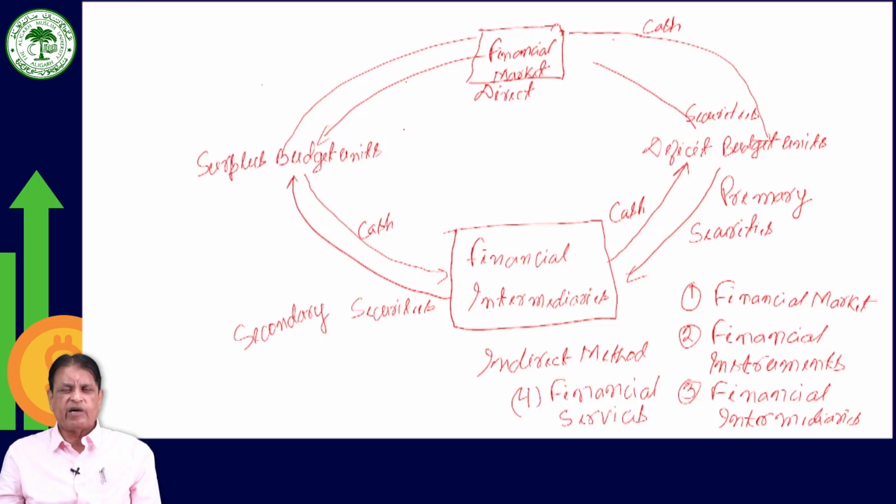So, financial market, financial instruments, financial intermediaries, and financial services are all the constituents of the financial system.